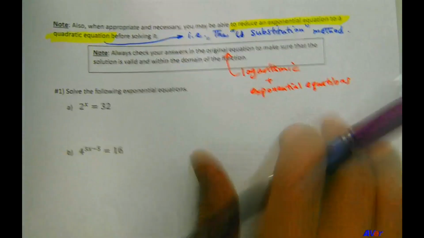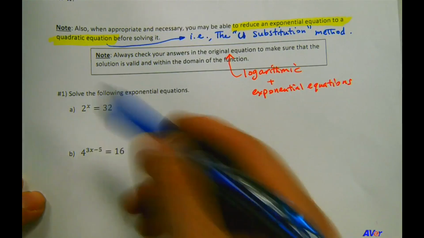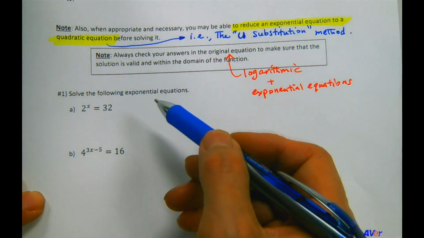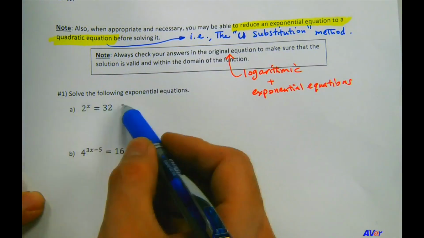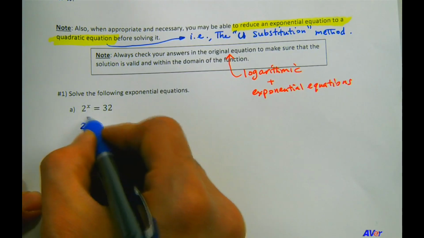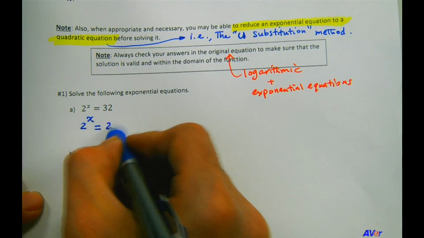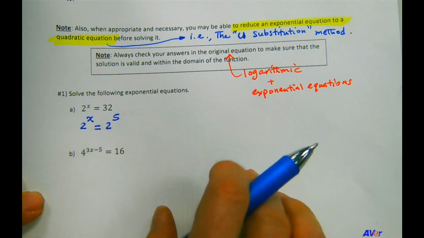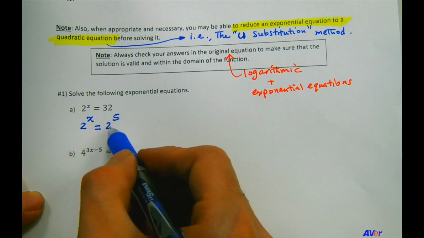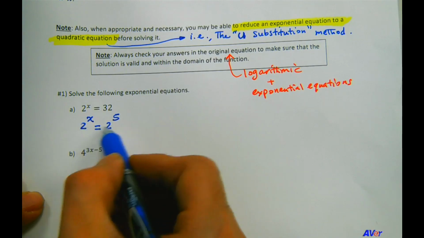So here, think of how we can rewrite both sides with the same base, because if the bases are the same, then the powers should be the same. Okay, so in this case, we have 2 to the x, and 32 can be written as 2 to the 5th power. Can it not? Now we have two sides such that the bases are equal.